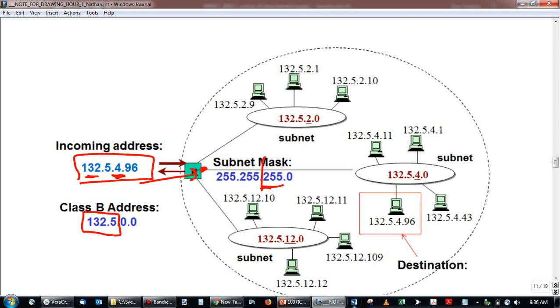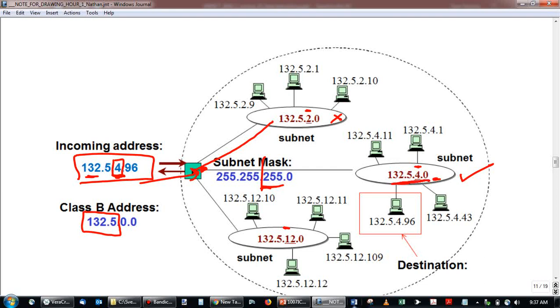So when I get inside here, 132.5.2 is one subnetwork, 132.5.4 is another subnetwork, 132.5.1 is another subnetwork. Which one am I looking for? Point 4. Is it this one? No. Is it this one? Yes. Right, so I'll go to this one, and when I get to this network, you'll notice that this is 132.5.4.0.